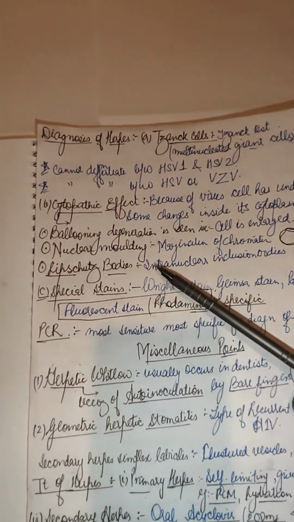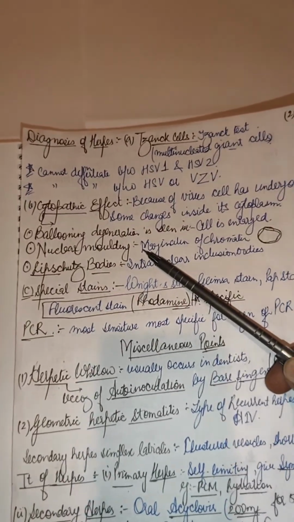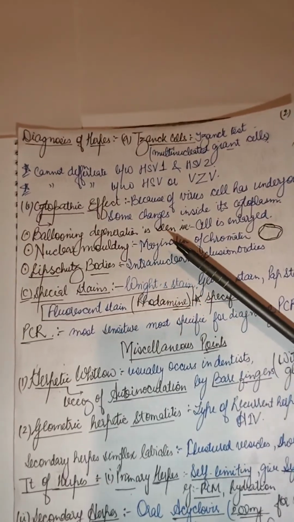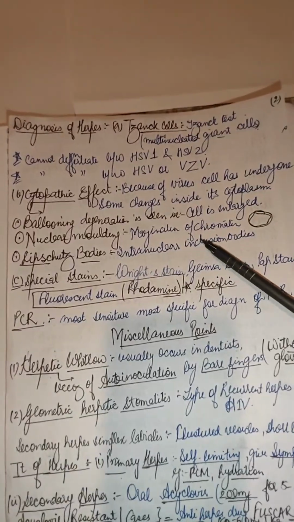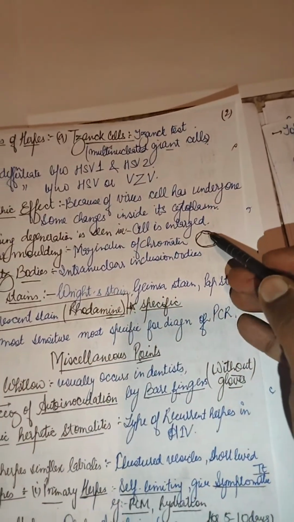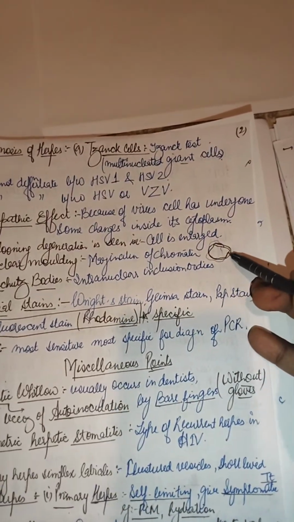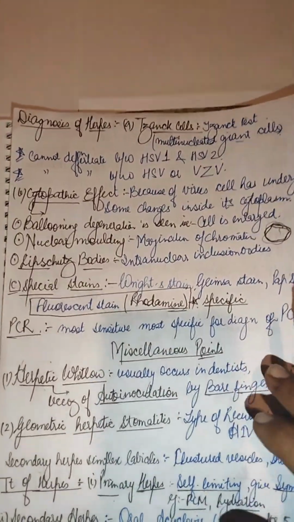The next thing we can look for under the microscope is nuclear molding. What occurs is margination of the chromatin: whatever chromatin material is in the nucleus moves towards the margin of the nucleus, and this is called nuclear molding.